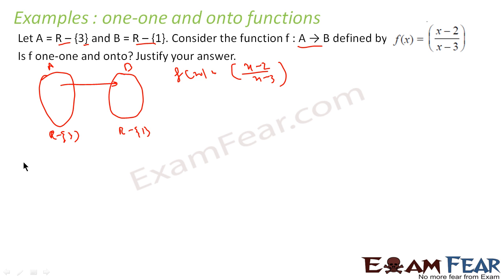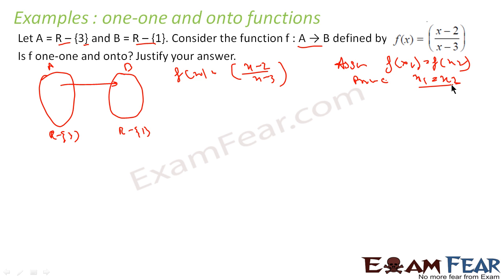So as I told, for a function to be one-one, let me solve it here only. We'll assume f of x1 is equal to f of x2, and then we'll try to prove x1 is equal to x2.